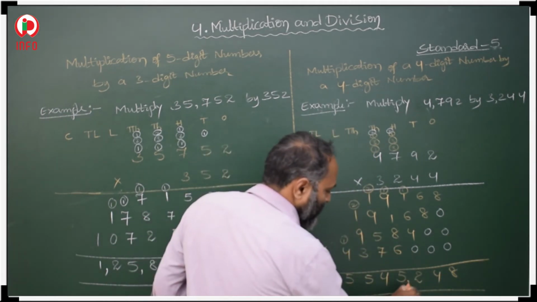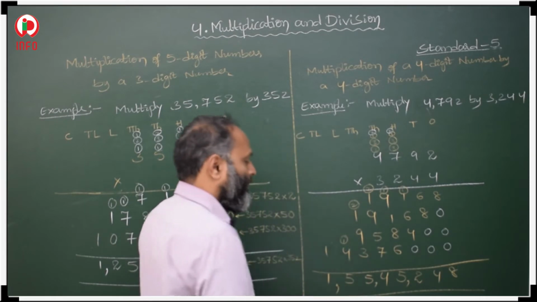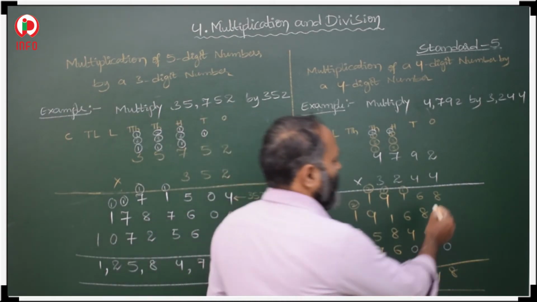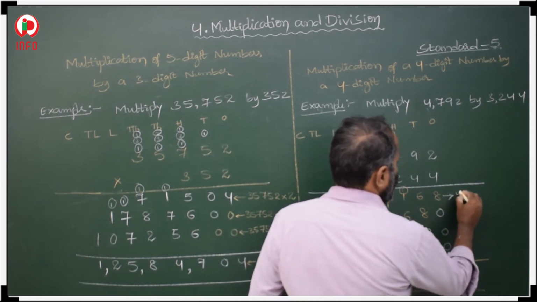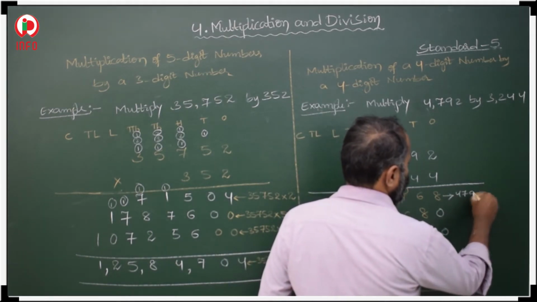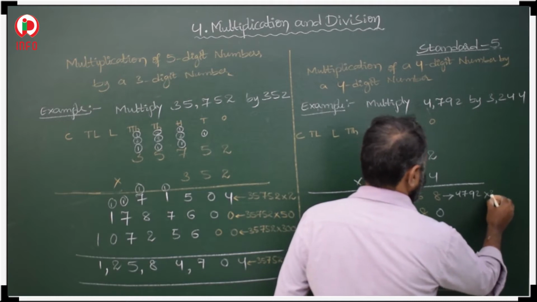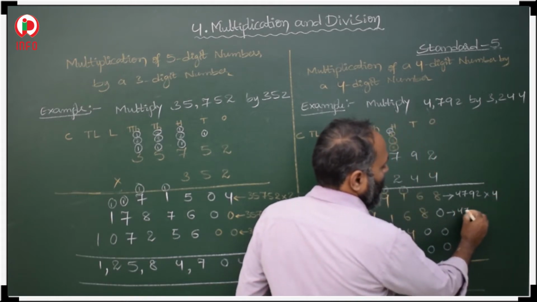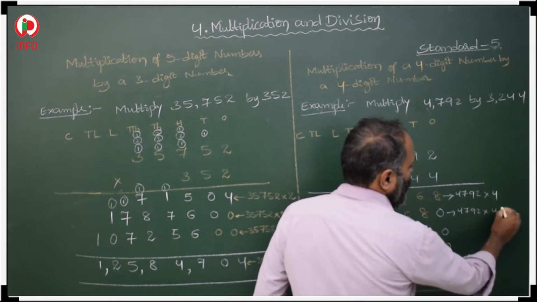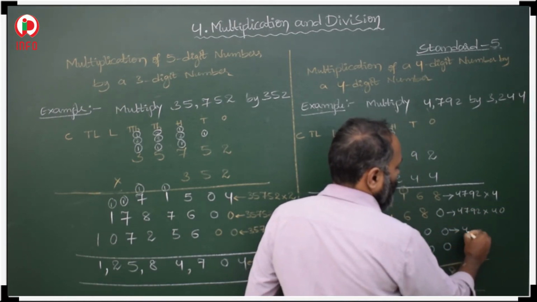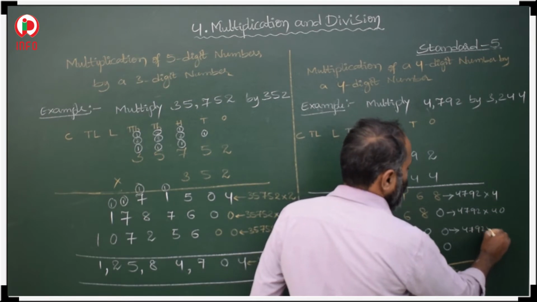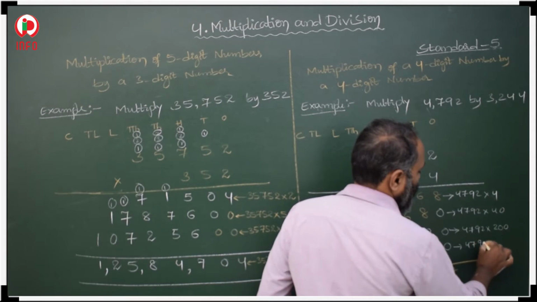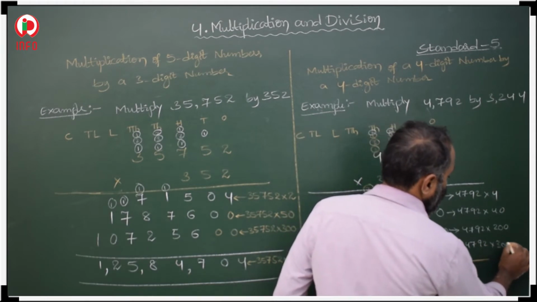This is 1 crore 55 lakhs 45,248. What is this? This is the product of 4,792 with 4, 4,792 with 40, 4,792 with 200, and 4,792 with 3,000.